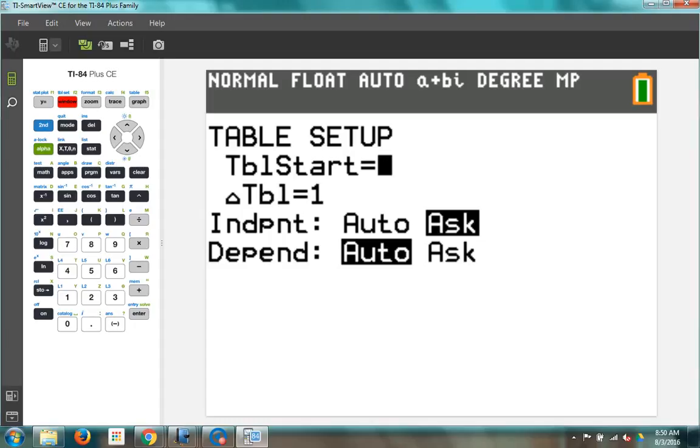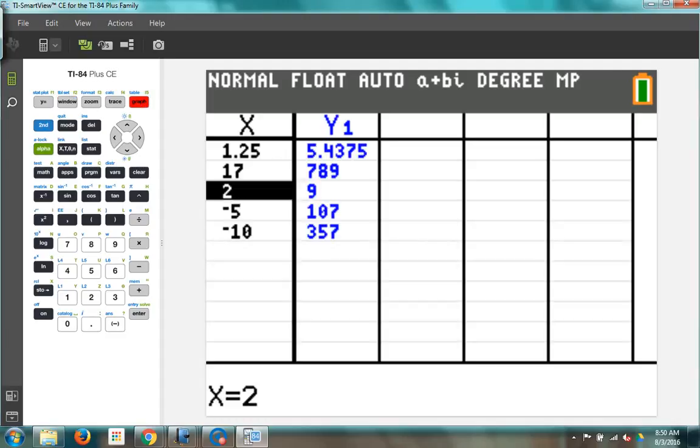So you want your independent to ask and your dependent to auto. If you've got it set to that, then when you go back to your table, you should be able to type in your values. If there's something already in there, you can just type over the top of it, and it'll delete it and do the new one. And you can type in as many as you want there.